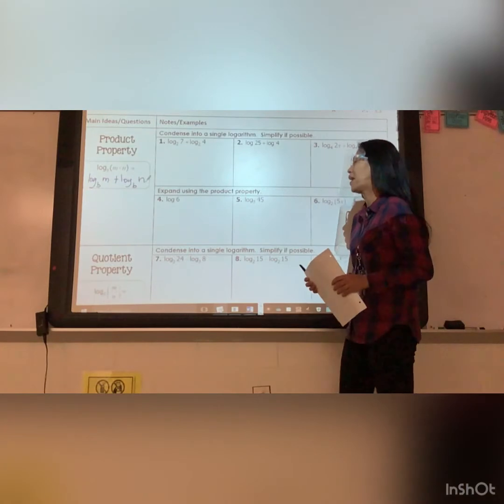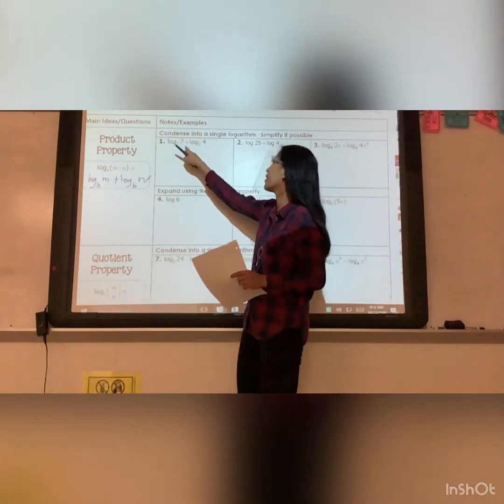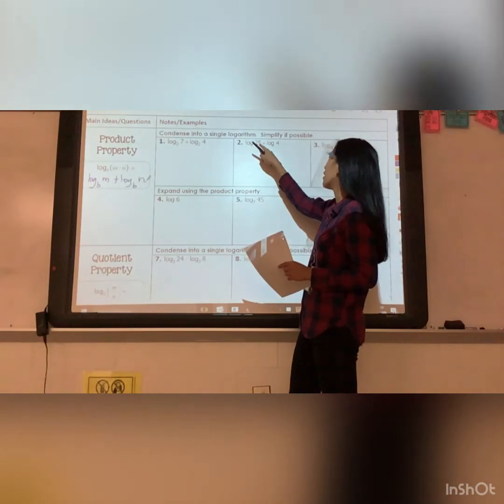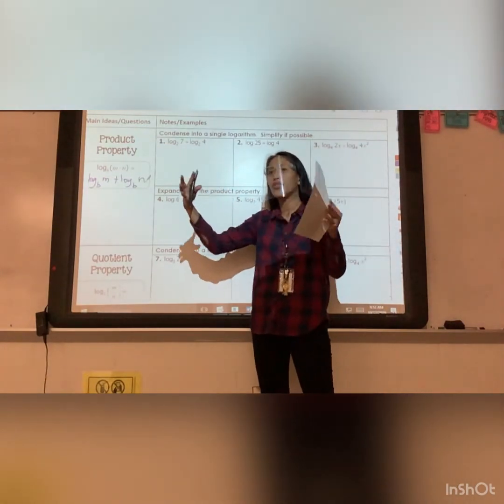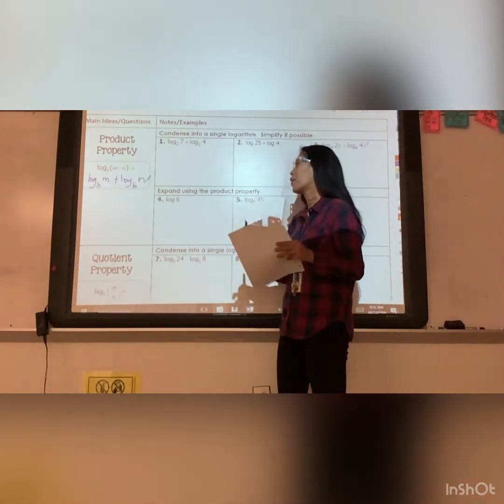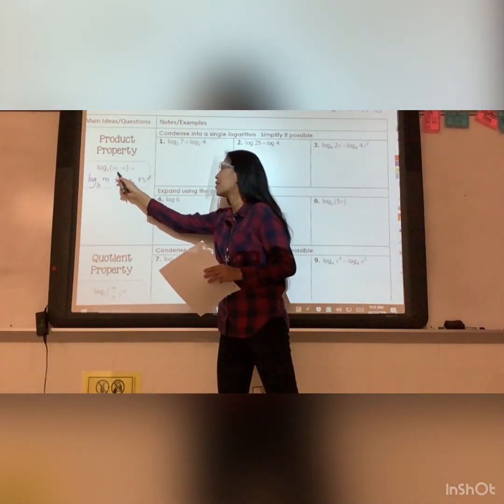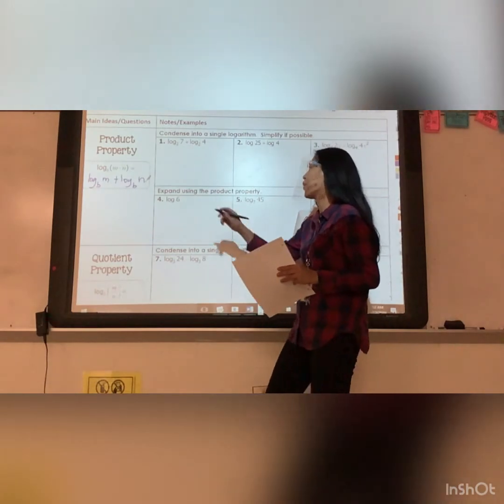Let's have an application. In here, it is addition. You have to condense into a single logarithm. It means you have to convert it or change it to a single form. So what are we going to do? It is addition. If it's addition, it is related to multiplication. So this is what we're going to do.